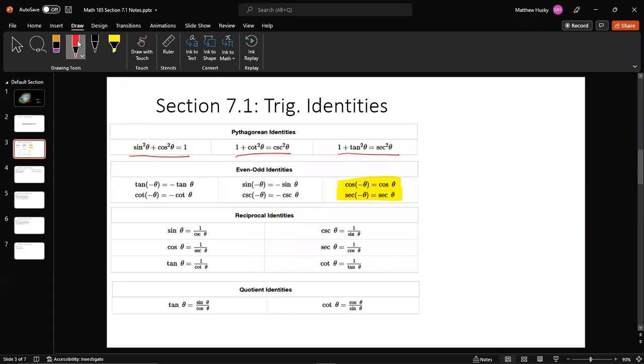The negative sign, putting it inside the function, is meaningless, basically. When it comes to the other 4 trig functions, particularly sine and tangent, if you negate the angle, it negates the value of the trig function. We've talked about the reciprocals a whole lot.